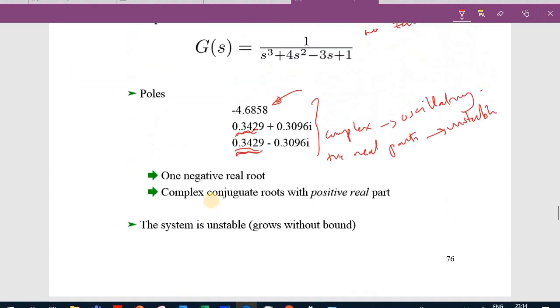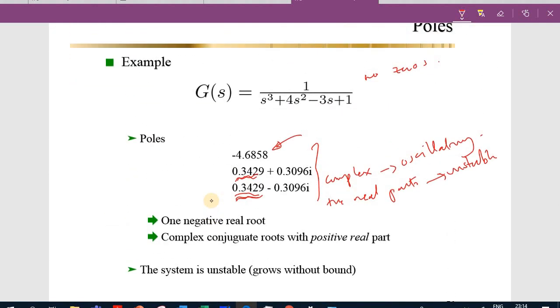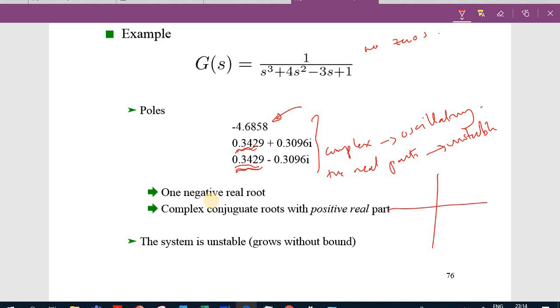When you look at these values and try to plot them on an S-plane, we have several poles. One of the poles is minus 4.68, and another pole is plus 0.3, with plus and minus 0.3 imaginary parts.